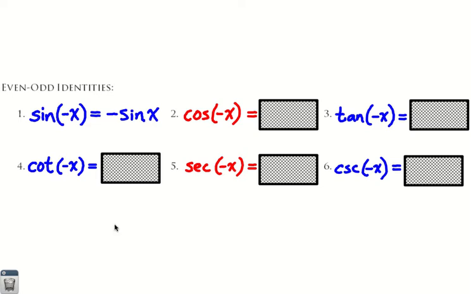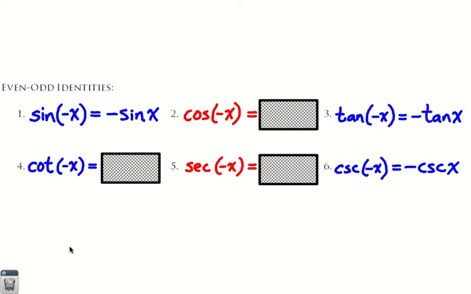For example, if you looked at what the sine of negative 30 degrees equaled, it would be like the sine of 30 degrees, but the opposite. And that also applies with cosecant of negative x, and it also works out that way for the tangent of a negative angle, and of course then the cotangent of a negative angle.